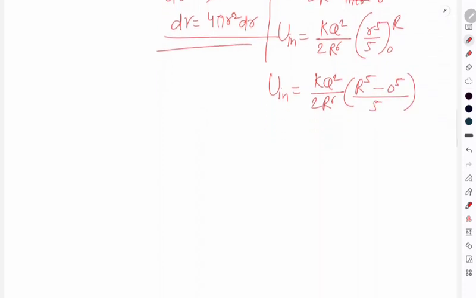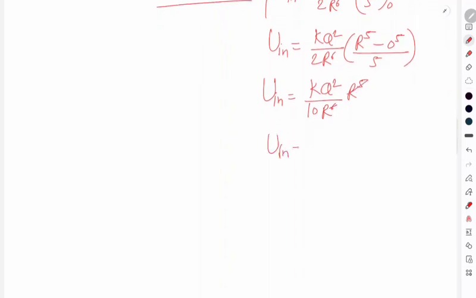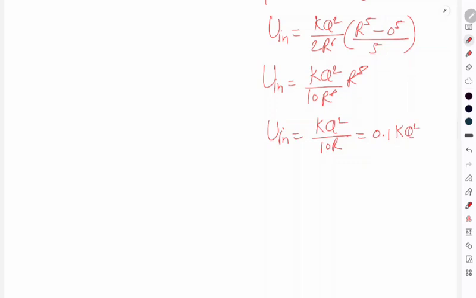If we solve it, that will be k q square upon 10 r raised to 6, into r raised to 5. So r raised to 5 and this power cancel out, so u in is k q square upon 10r, or we can write it as 0.1 k q square upon r. So that is u in.